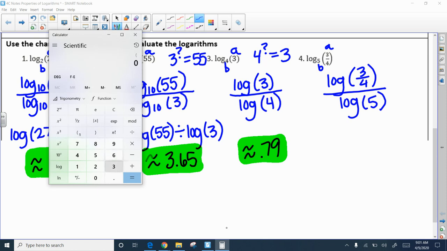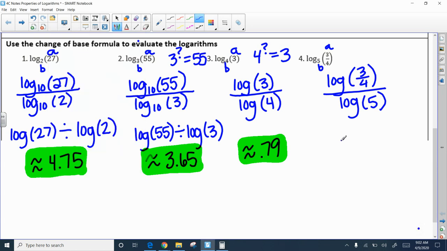So when I'm entering this, I'm going to enter the 3/4 in parentheses, so 3 divided by 4, and then log of that, log of 3/4 divided by log of 5. Again, you're going to have to figure out how to use your specific calculator to be able to do that. So log of 3/4 divided by log of 5.